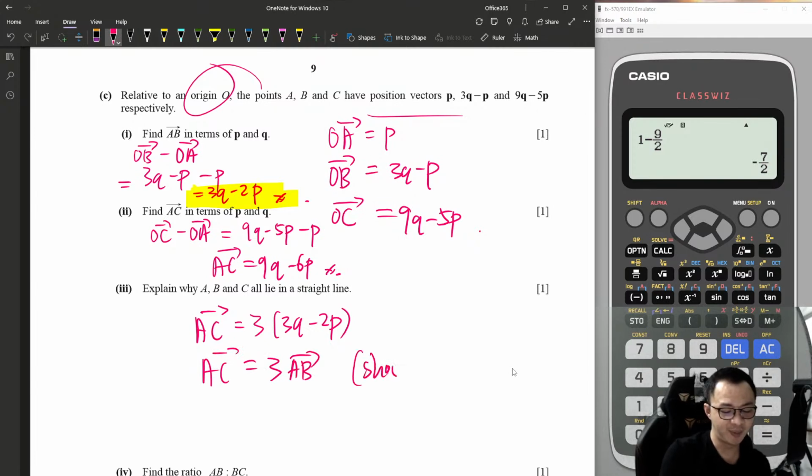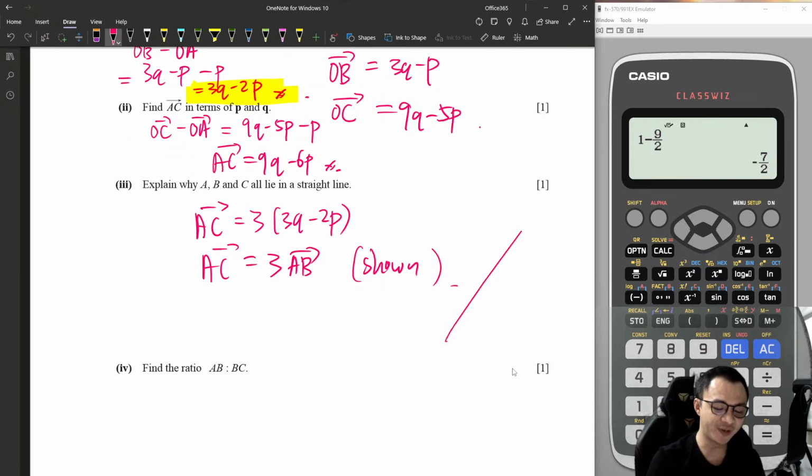Shown. Because when they are in a straight line, AC is just slightly longer than AB. So it's something like this. This is A, this is C, this is B. So the ratio should be 1:2, something like that.